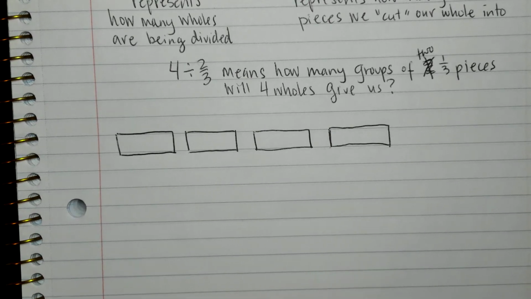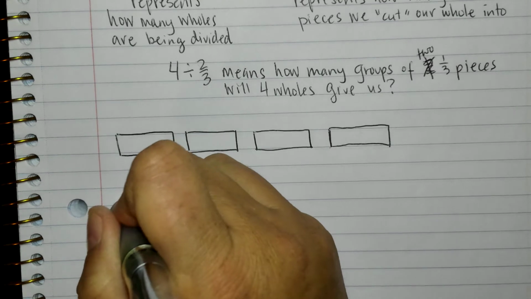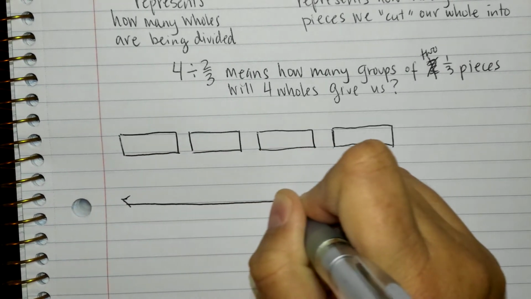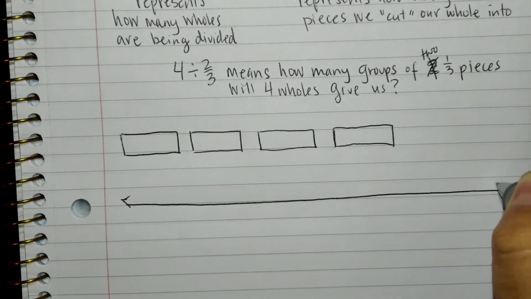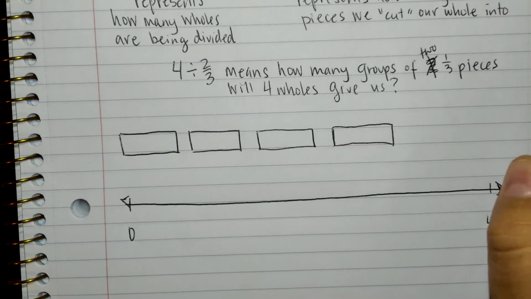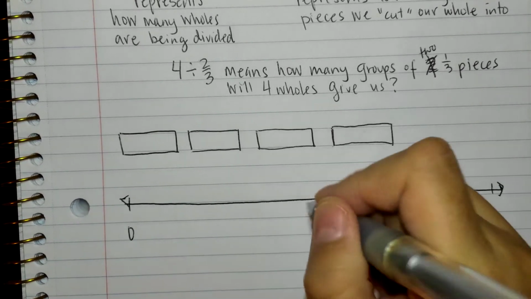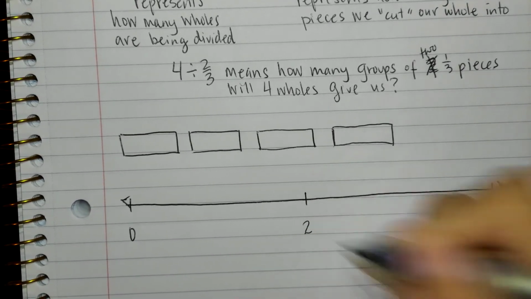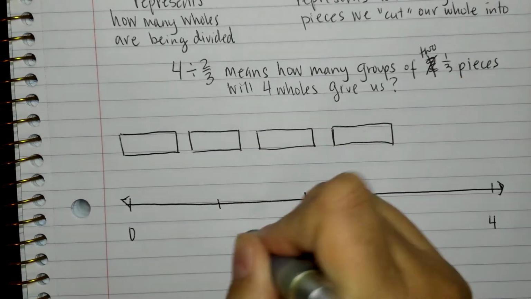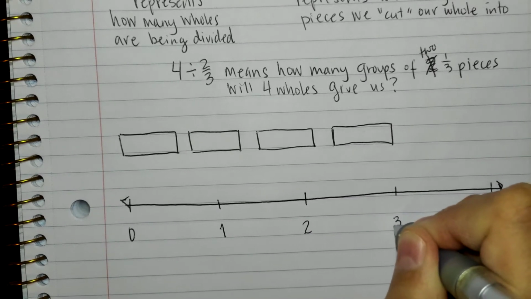So I'm going to start with 4 to represent our 4 wholes, and then I'm also going to draw a number line like we did with our cheese problem. I will start at 0 and end at 4. I'm going to find about the middle and draw a 2, and then halfway between 0 and 2 will be my 1, and halfway between 2 and 4 will be my 3.